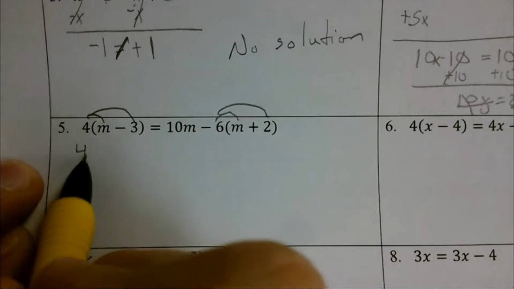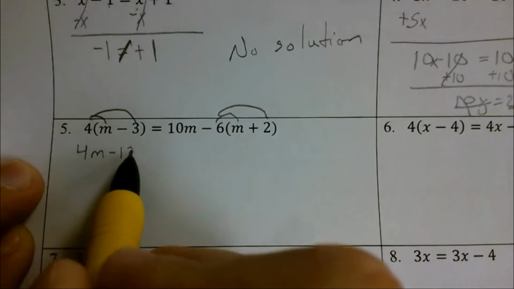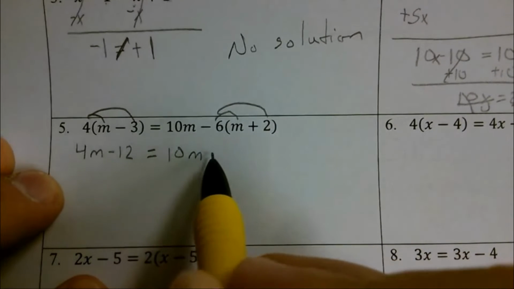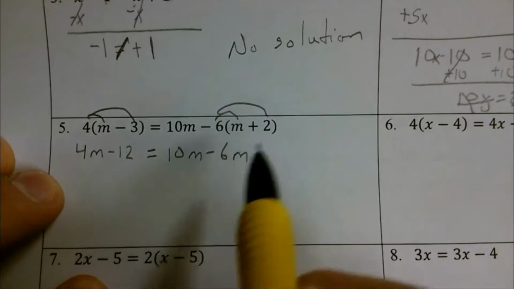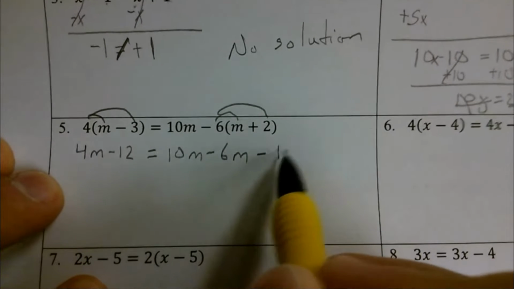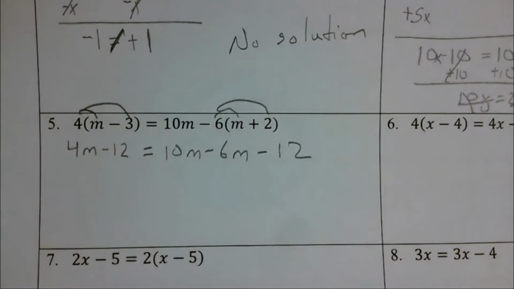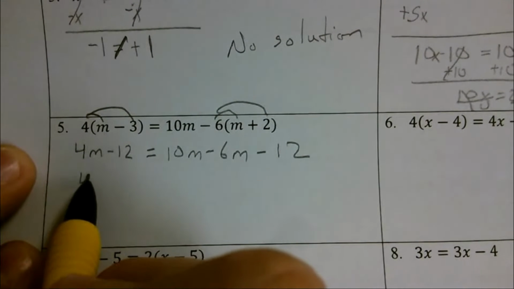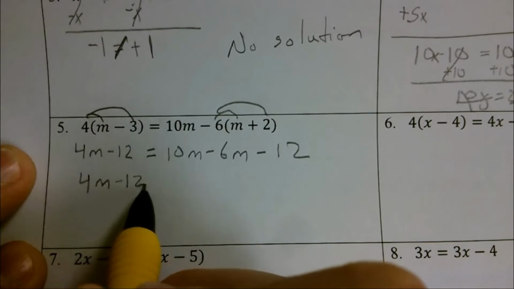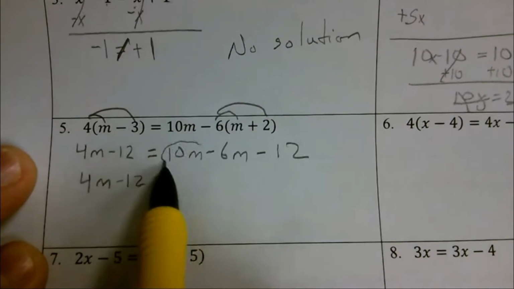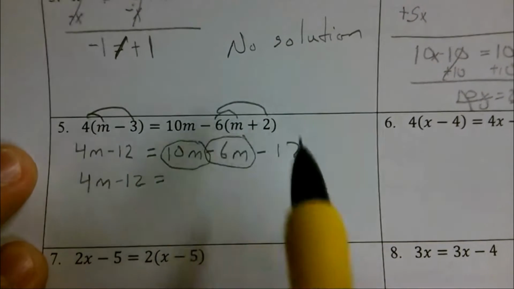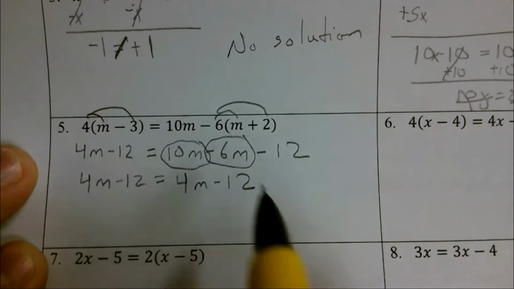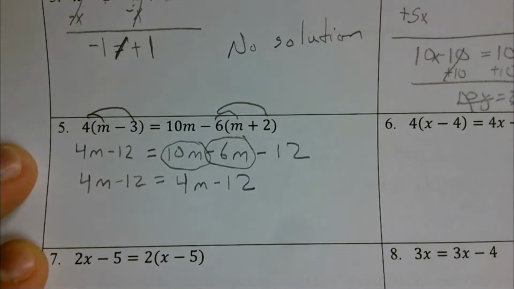So on this side I'll get 4m minus 12 equals, and then we have 10m minus 6m minus 12. So then our next step is to combine like terms on each side. So this side doesn't have anything I can combine, so I'm just going to have 4m minus 12 equals, and on this side I have this 10m and this negative 6m. When I combine those, I get 4m minus 12. And now I can start to solve.